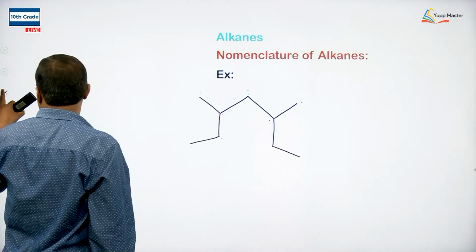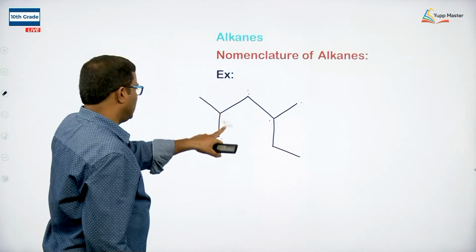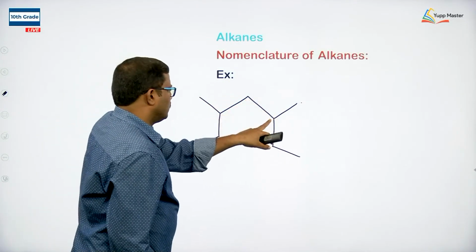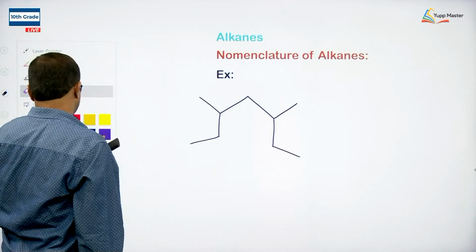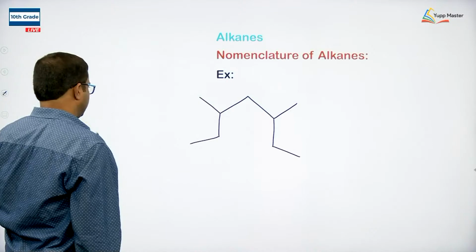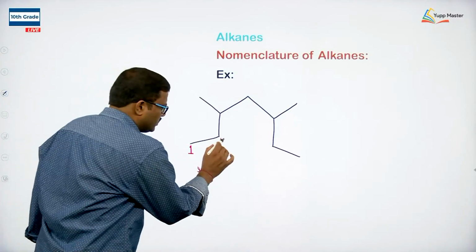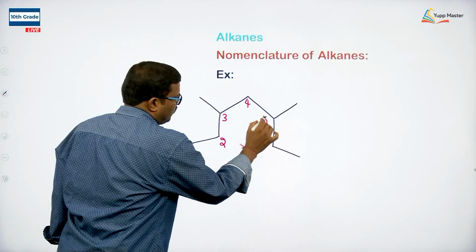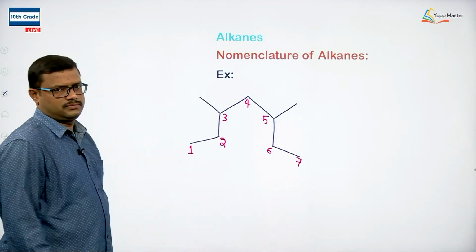So, the perfect selection of the longest continuous carbon chain is to select the two ethyl groups that are present. If we go in this direction, this should be the carbon labeled one, this the second, third, fourth, fifth, sixth, seventh.